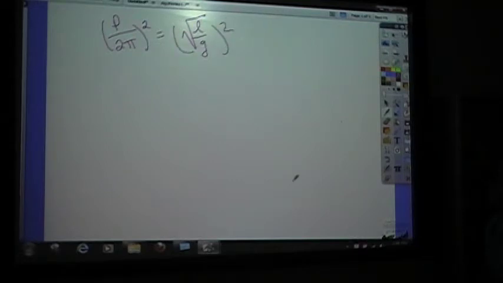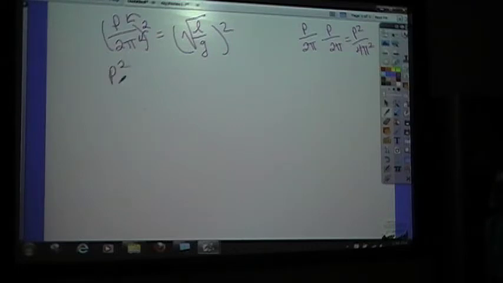Okay. So this gives me P squared over 2 pi squared, because remember that's saying P over 2 pi times P over 2 pi. When you multiply fractions, you multiply the top, keep them on top, multiply the bottoms, keep them on bottoms. So that's 4 pi squared, which looks a little weird to you guys, I'm sure.